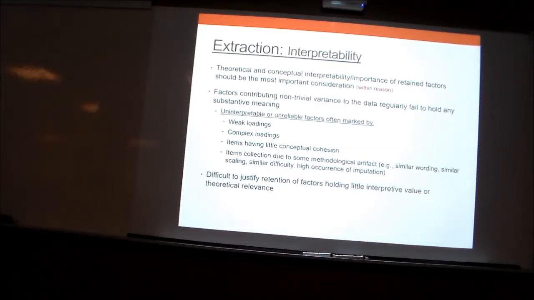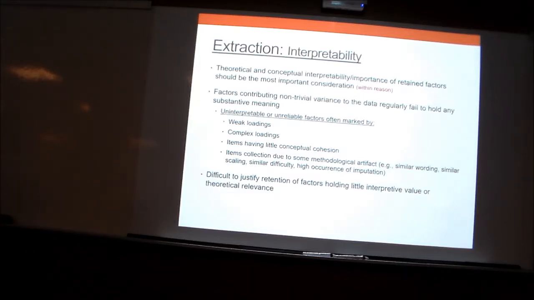I've got items that have a similar scaling. If I'm factor analyzing items from different scales all together, these items are on a 0 to 10 scale, and these are on a 4 or 5-point scale from 0, 20, 40, 60, 80. Now all of a sudden I'm getting items that are loading together just because of the scaling issues.